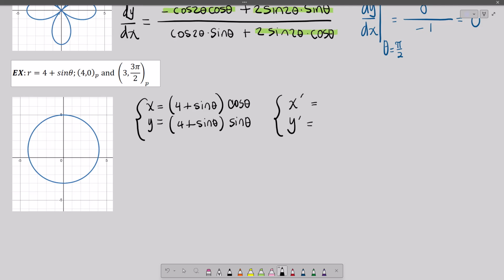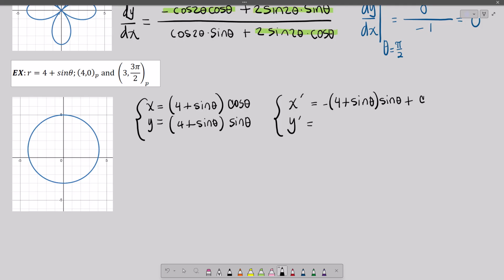Derivative, product rule. First, derivative of second: the derivative of cosine is minus sine of theta. So there's first times derivative of second, plus the derivative of first, which is cosine, times second.